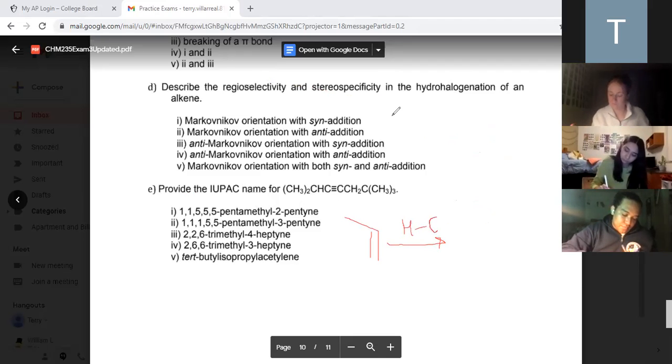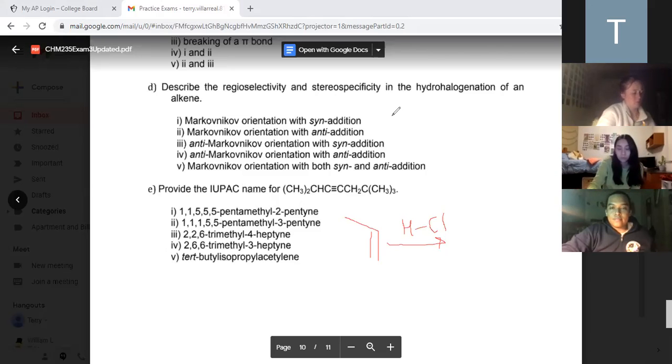I want you to think about the mechanism and why we're gonna get both syn and anti-addition. When you come up with an answer in your head, let me know. There's something that occurs in the mechanism that should be a dead giveaway.